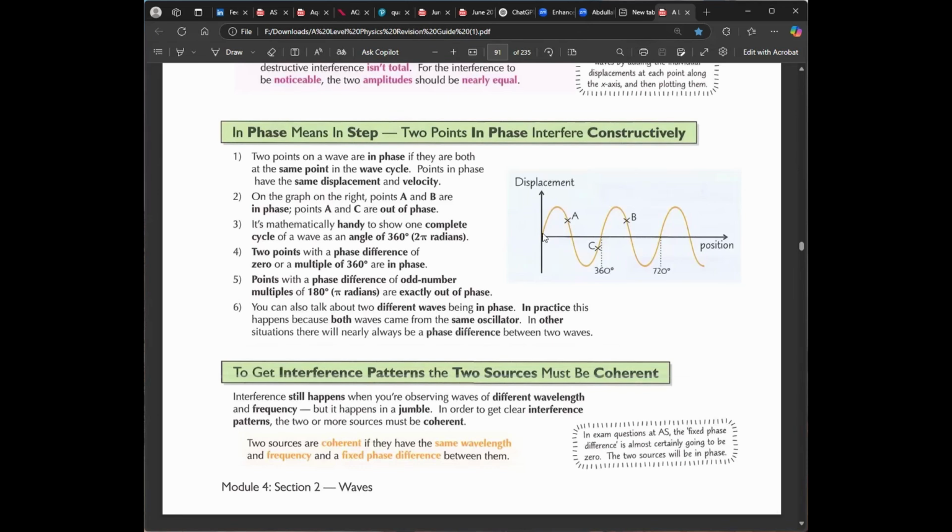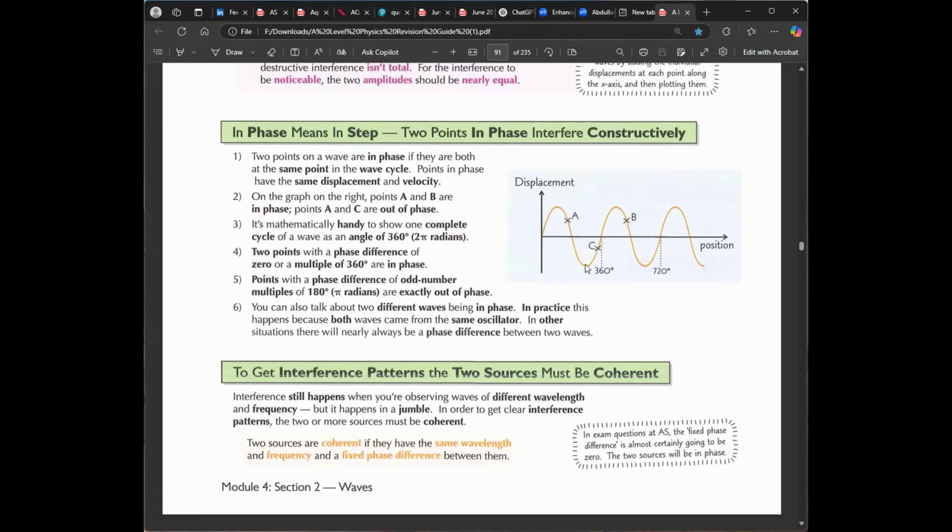Here, when it starts, sine 0 degrees is equal to 0. That's why displacement is 0. So this is 0 degrees. At the top, it has the maximum value, the amplitude. So we say the phase here is 90 degrees because sine 90 is 1. So it keeps on going like that. Then here it is 180 because sine 180 is 0 again.